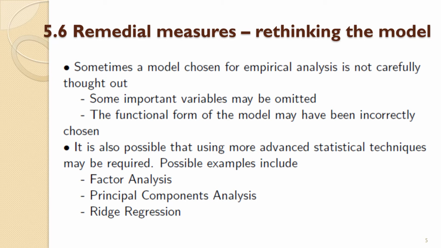So it says here that sometimes a model chosen for empirical analysis is not carefully thought out, and I suspect the way of resolving this probably requires a deeper level of thinking than we can possibly teach properly on this course. But some common examples of mistakes that you might have in the original formulation of the model might include omitting some important variables or not getting the right functional form of the model.